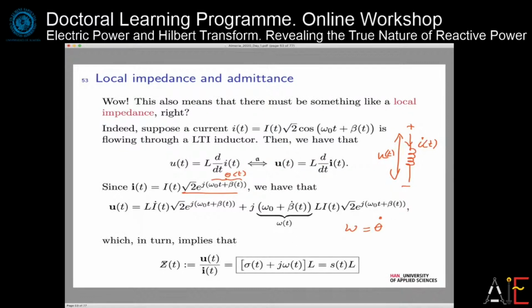And now if you define an impedance, which is just the ratio of two phasors, the voltage phasor in this case and the current phasor, then I have this expression and I divide it by this expression. Then what you get is this. This is the local radial velocity, and this is your local angular velocity, which is your generalized Laplace variable.